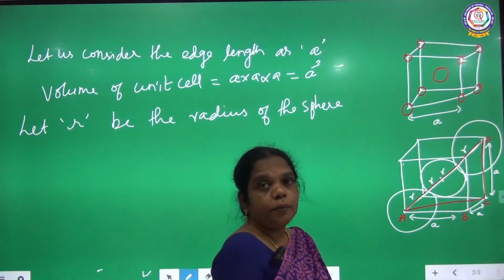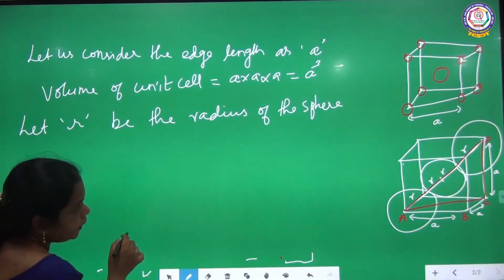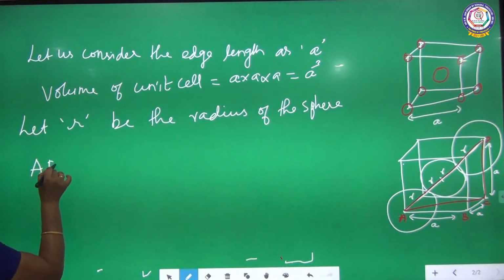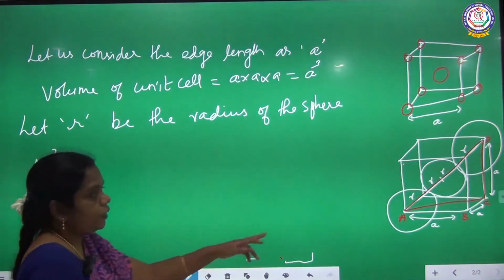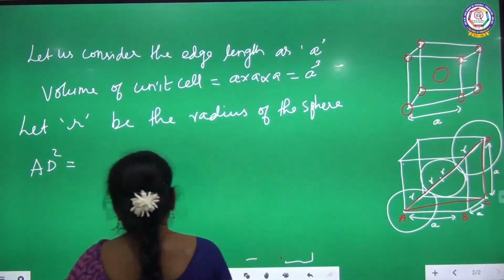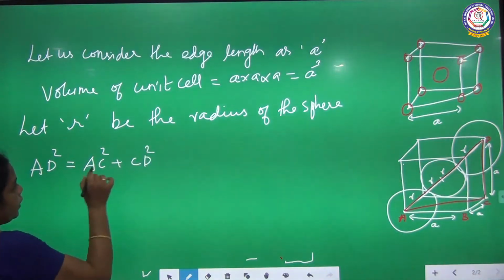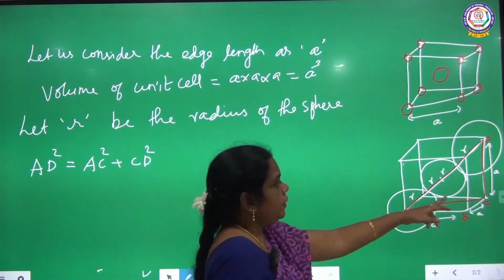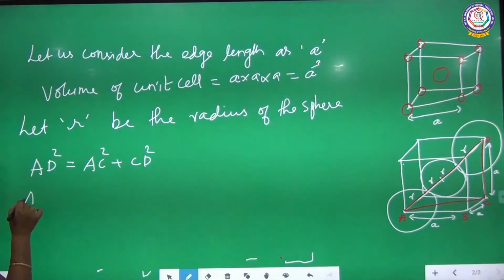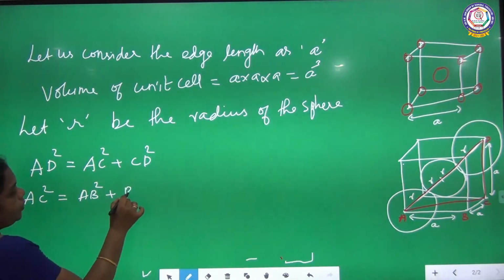So according to the Pythagoras theorem, hypotenuse AD square equals AC square plus CD square. But AC square is nothing but AB square plus BC square.